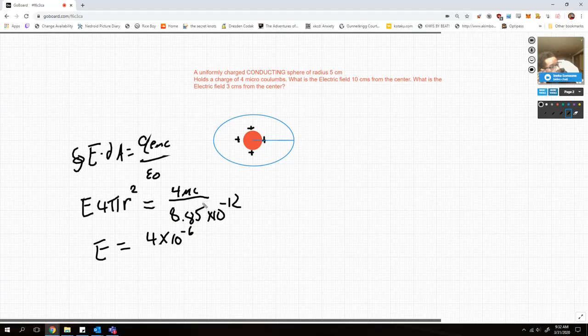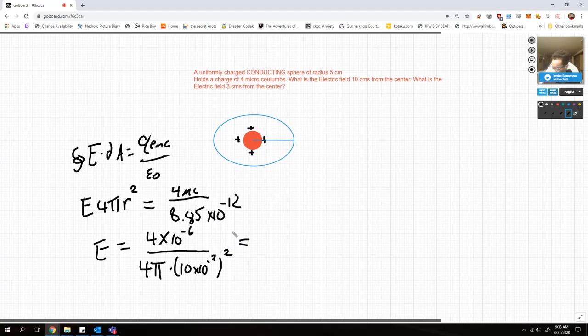That's micro. Divided by 4 pi times r squared, where our r is 10 centimeters. So 10 times 10 to the negative 2, squared. And I can get a number here, right?